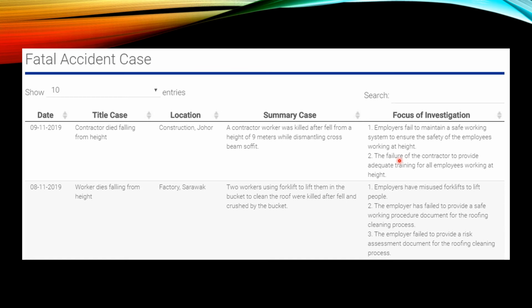That way, if you fall from a very high spot, you will not fall to the ground. You'll be hanging by the rope. This is compulsory for anyone working at heights. Probably that person wasn't wearing it.